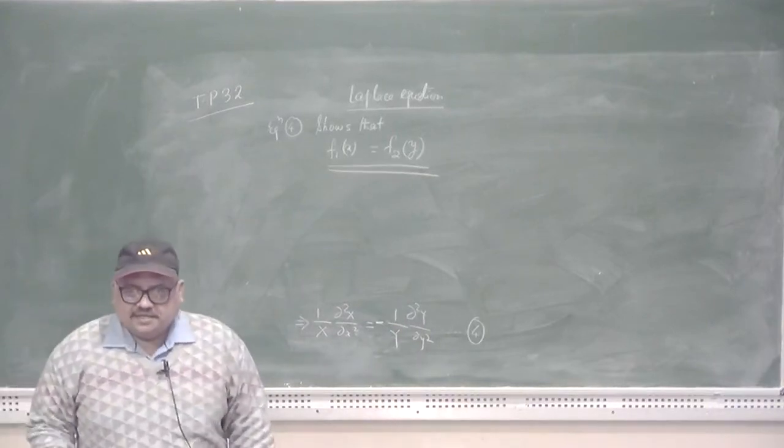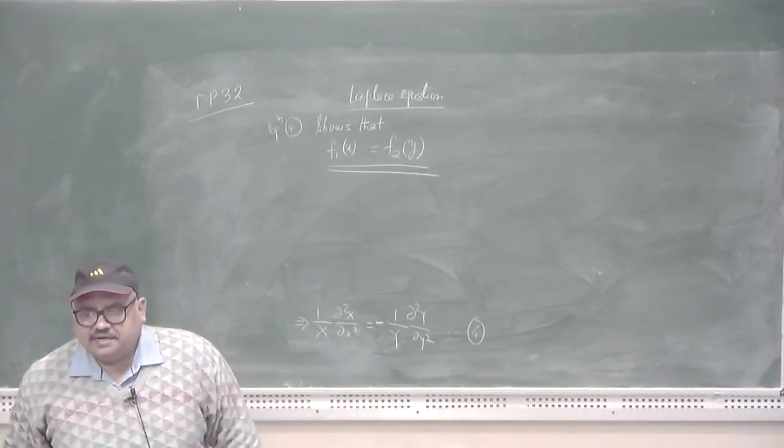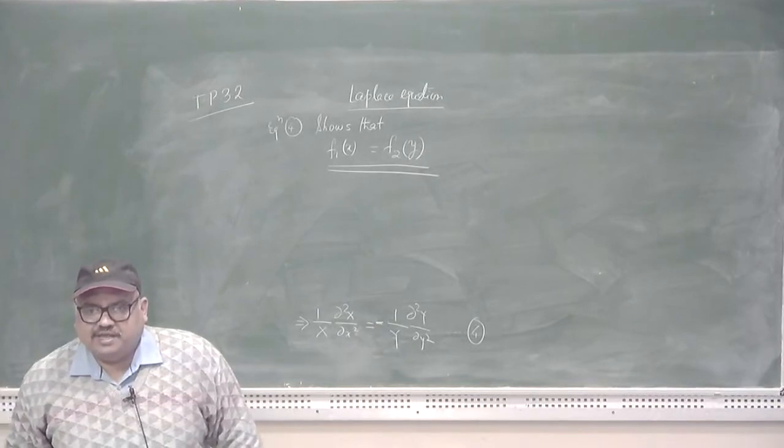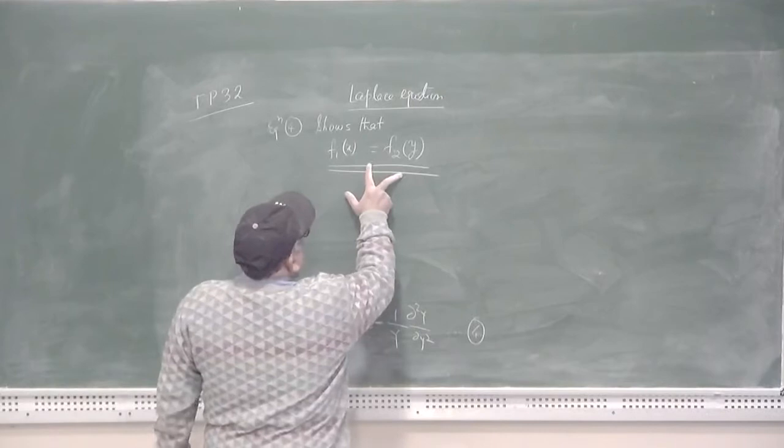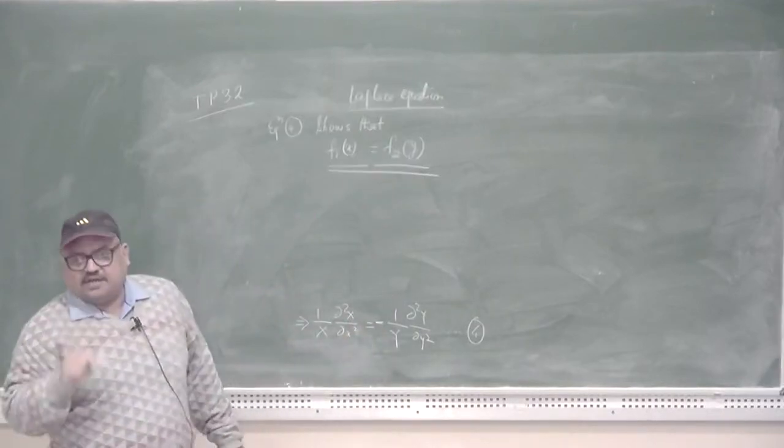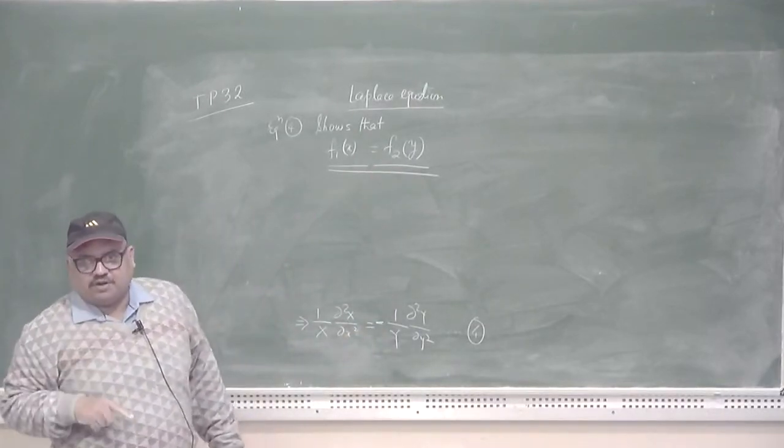Mathematically, such a condition can persist only if both these quantities are equal to a single quantity, that is a constant quantity.